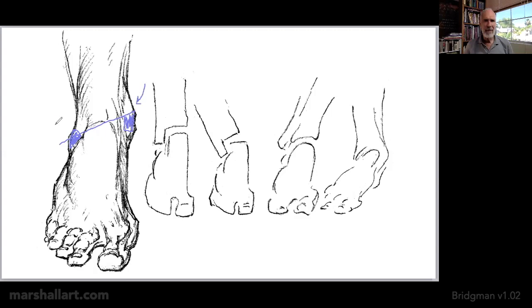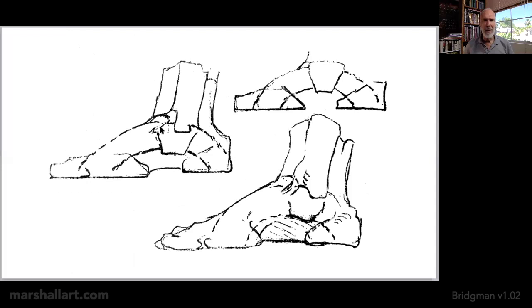Tibia higher, fibula lower. That's a construction line. And the foot moves in here as if it were a hinge. It is quite a hinge.